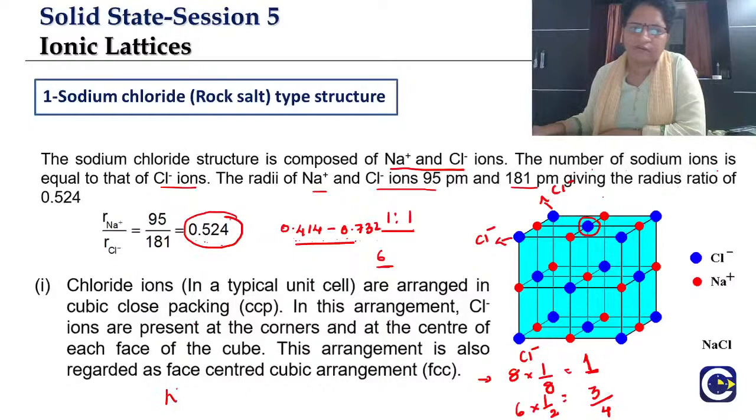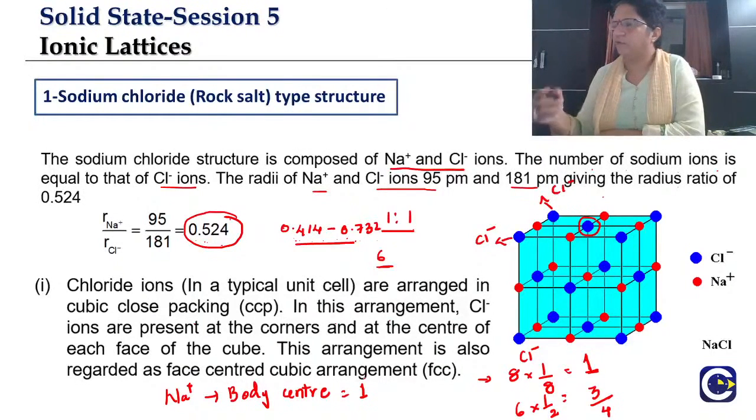Where will the sodium ions be? At the body center. How many lattice points are at the body center? Only 1, because it's not shared by anything. Then where else? At the edge centers.